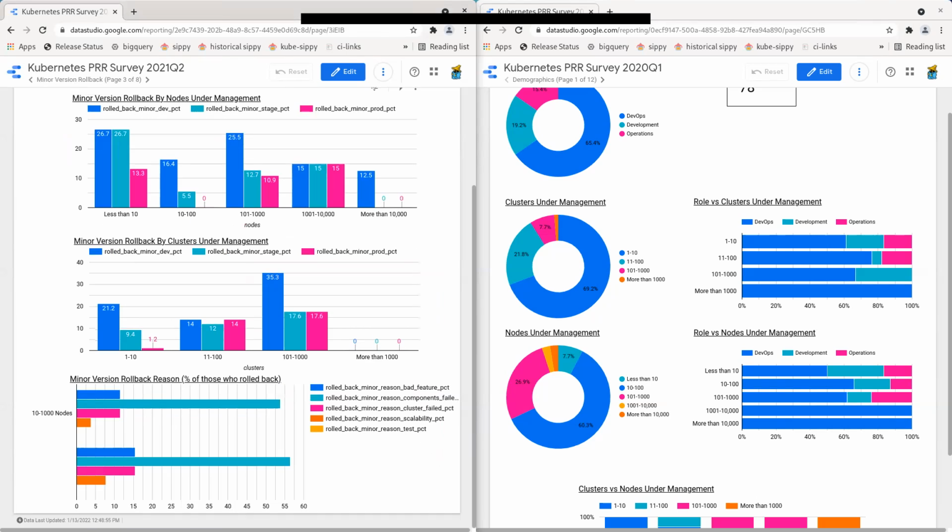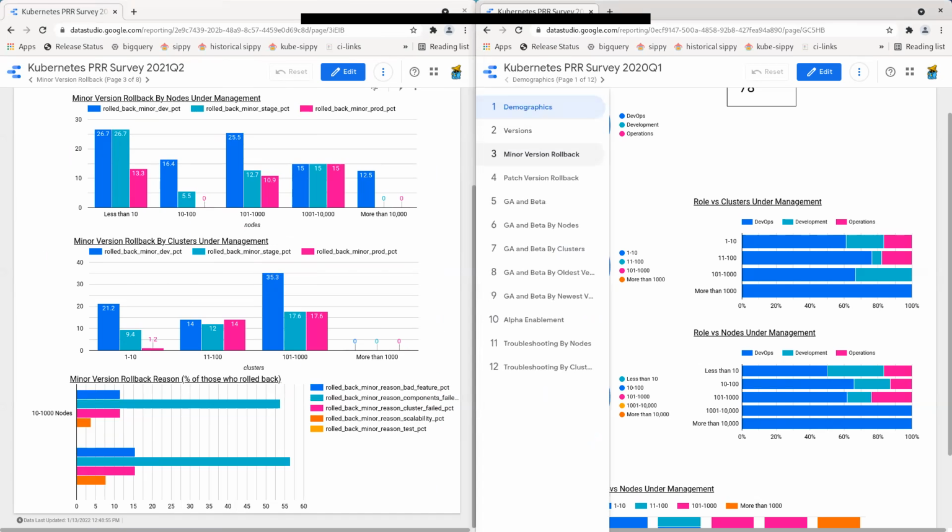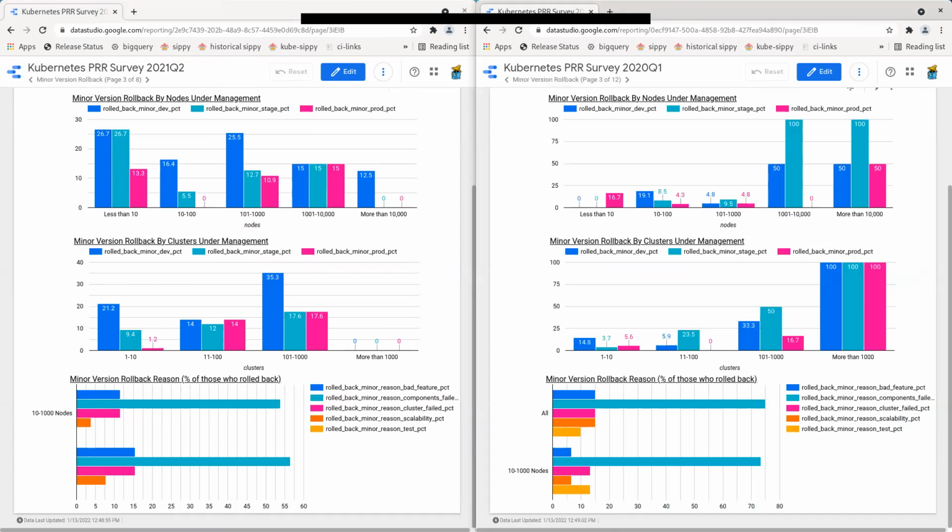But one thing that stood out is the reason for why people roll back their versions. Now, yes, the bar is still very long. Some component failed is still the number one reason why people roll back their clusters, but it used to be over 70% of people who rolled back because a component failed, and now we're actually down to numbers in the 50s, which while not perfect is good-ish.